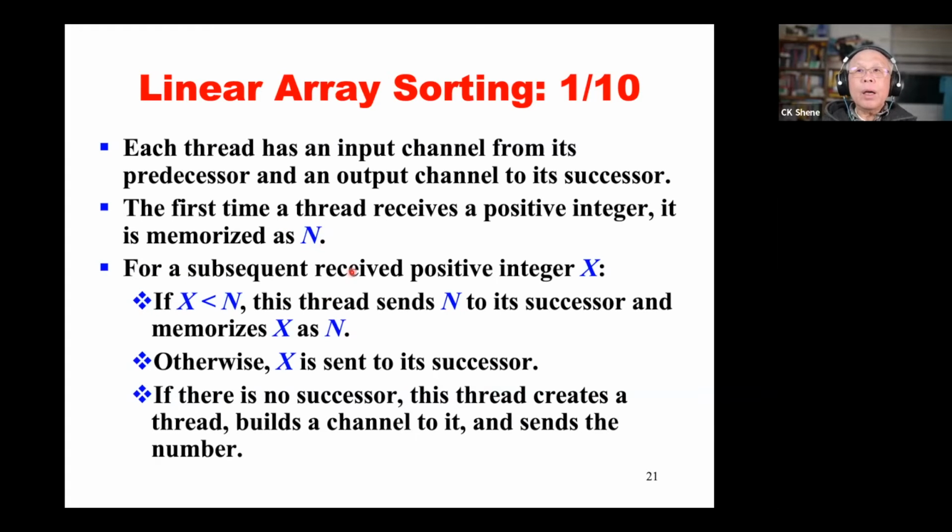Then I keep receiving other positive integers from my predecessor. When I receive a number x, if the new number is less than the number I memorized, this thread sends the number I memorized to its successor and then memorizes the new number. For example, suppose the number I memorized, n, is 5.